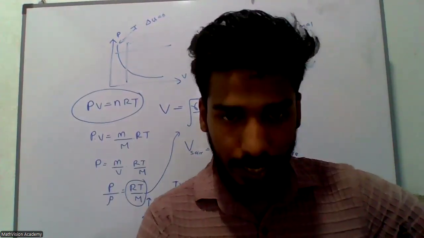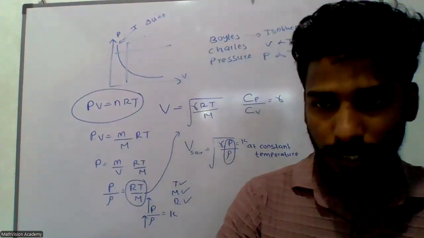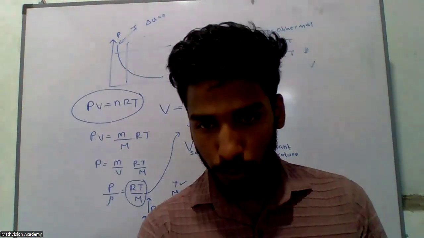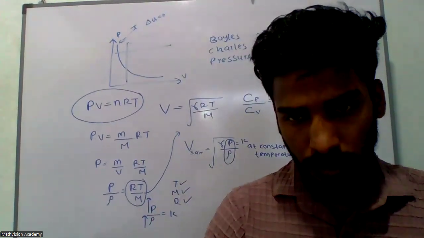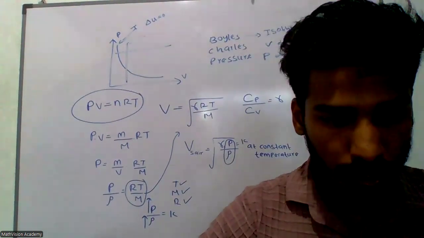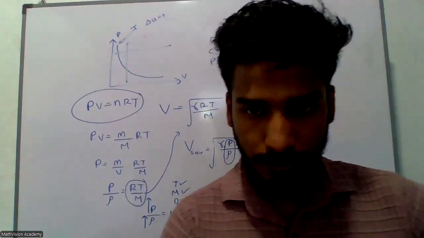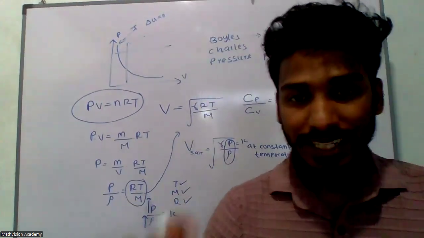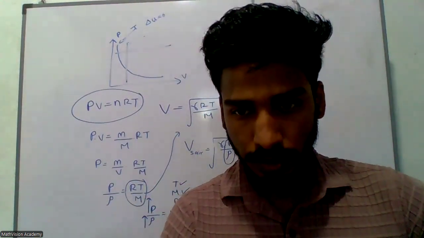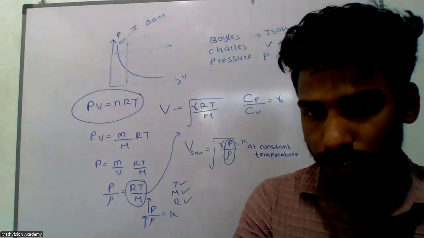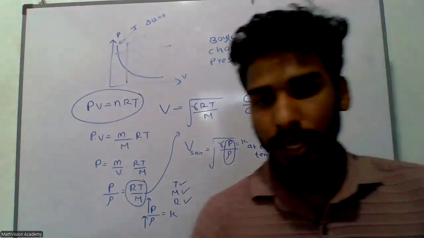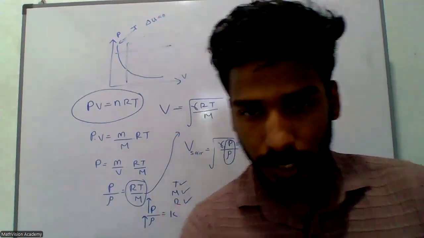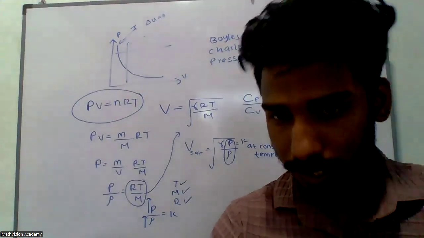So my statement is correct. You can write the reason behind it: when the volume changes at constant temperature, its density varies, and the pressure is also going to vary proportionally to it.